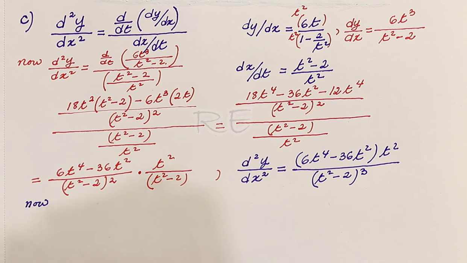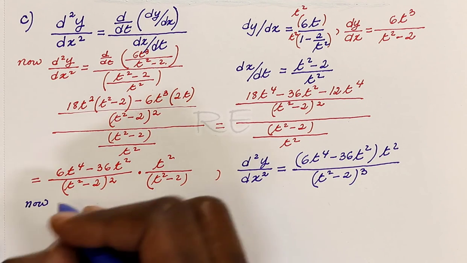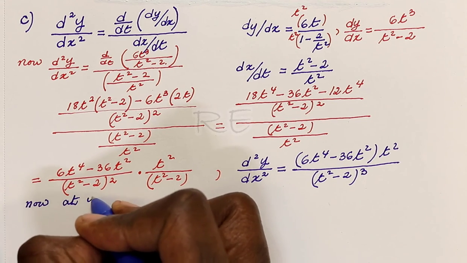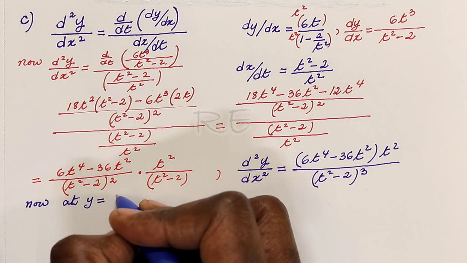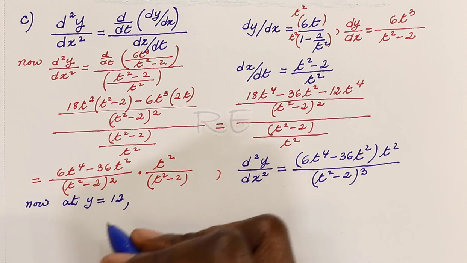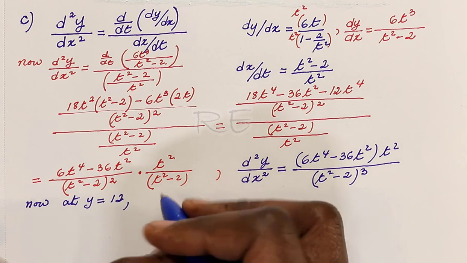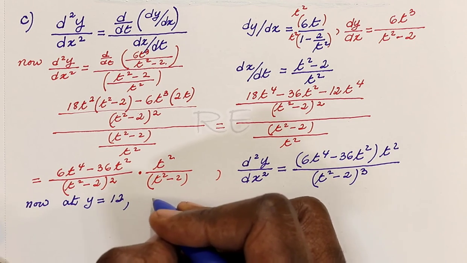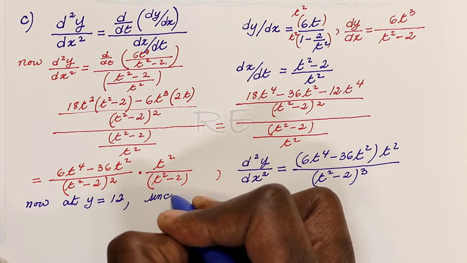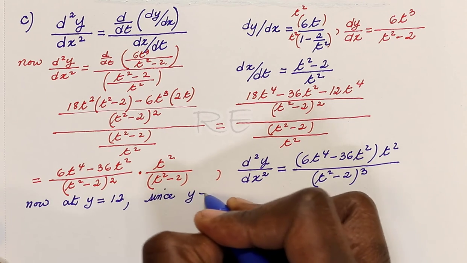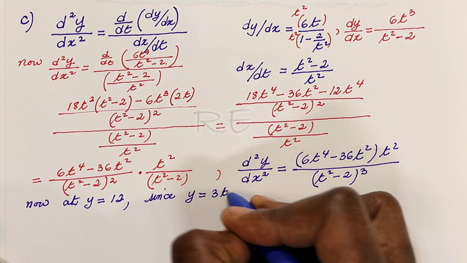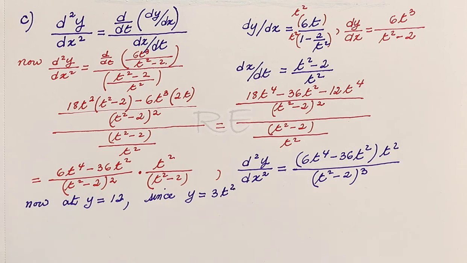When y is equal to 12, since y is equal to 3t squared, we will substitute 12 for y and solve the equation for t.